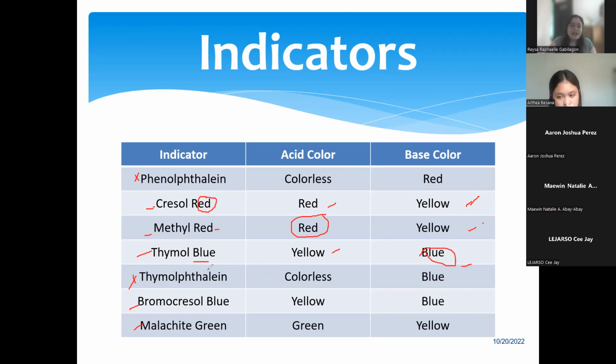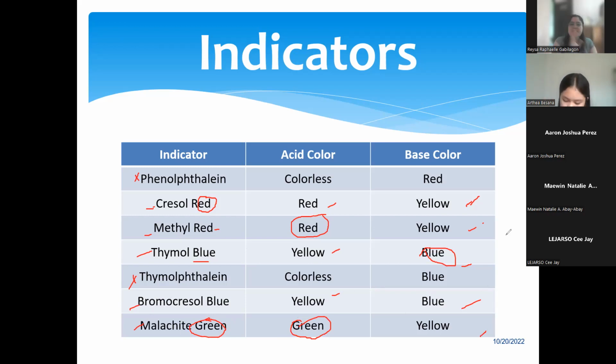Okay? Bromocresol blue, kagaya sila ng thymol blue, na sa basic environment siya magko-color blue, pero again, yellow yung partner niya. Si malachite green, okay, ang green coloration niya is nasa acidic, but ang partner niya ay yellow pa rin.